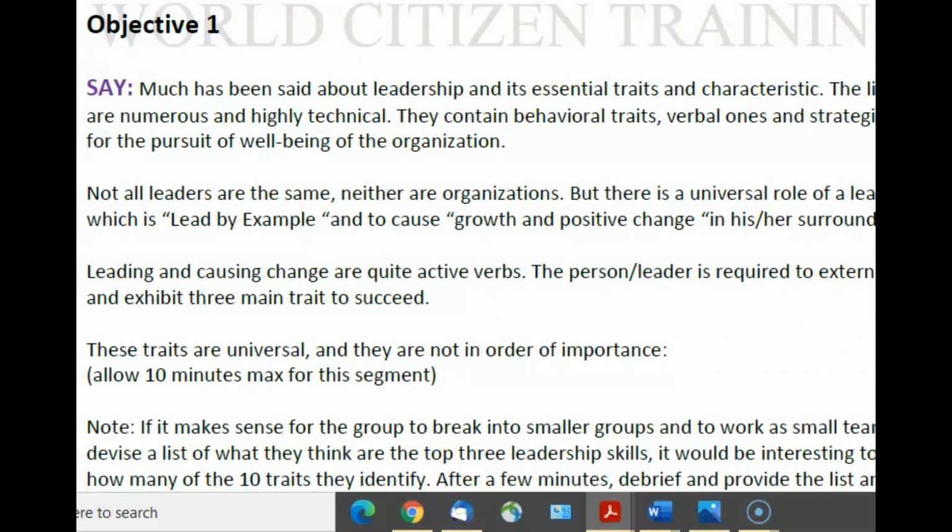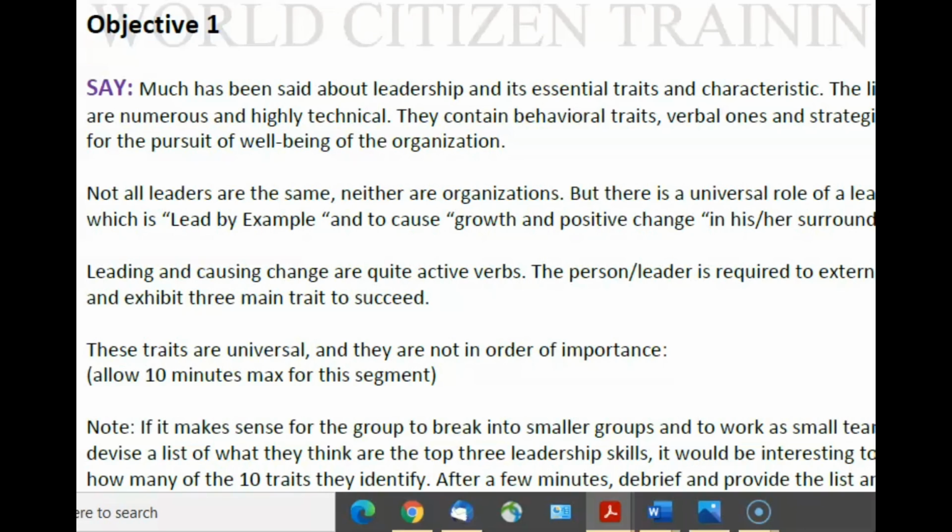We want to start by acknowledging that leadership as a topic is not new, and that there are a lot of resources and books and training. There are a lot of leadership gurus in popular media, online for example, that you can follow along. Everyone from Tony Robbins to Robin Sharma to Brendon Burchard. There's Brené Brown. There are so many people who speak on leadership, and much of it is very, very good.